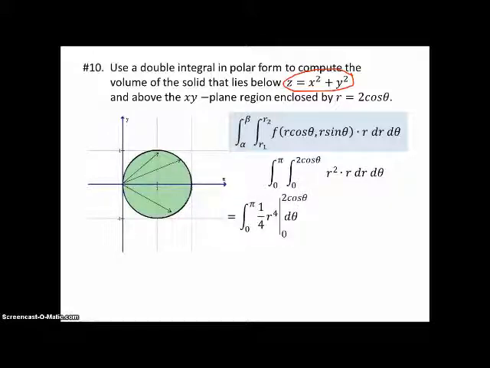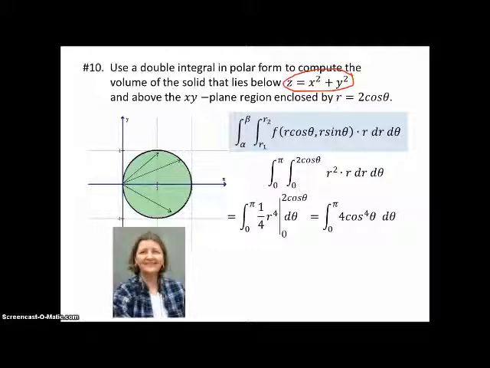So that simplifies to r cubed, the antiderivative of which is 1/4 r to the 4th. Substituting 2 cosine theta and 0, we get 4 cosine to the 4th theta. That would necessitate a bunch of identities, so instead I grabbed my calculator and got approximately 4.71238898.